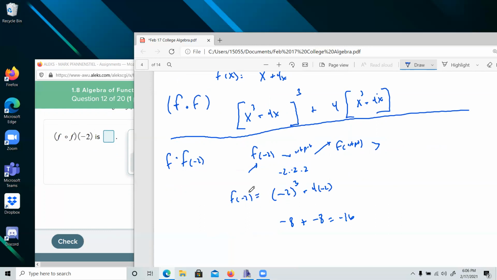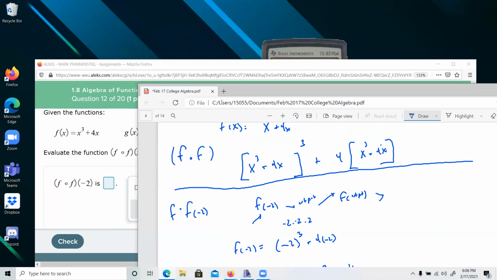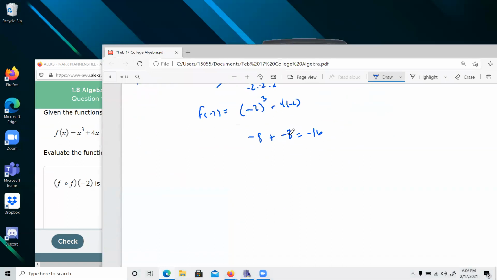Really? Kind of hoping against hope here. Oh, it's positive. Jerks. All right. So this -16, we've got to plug this in again. So f of -16 cubed plus 4 times -16.